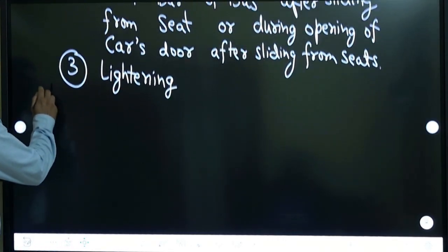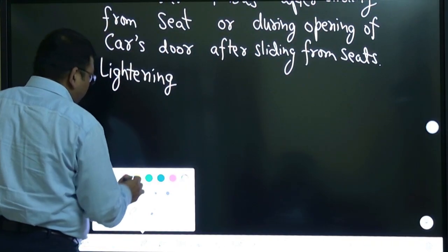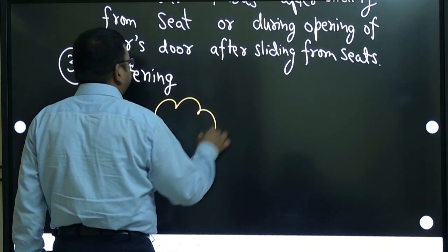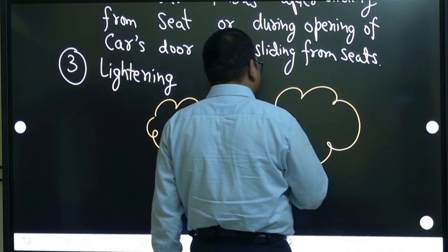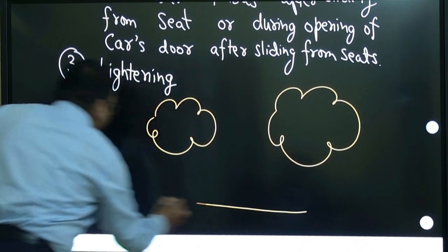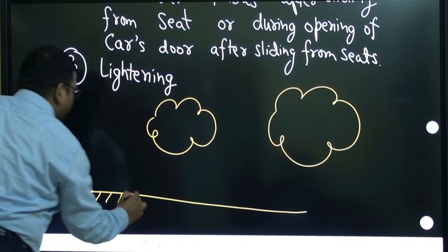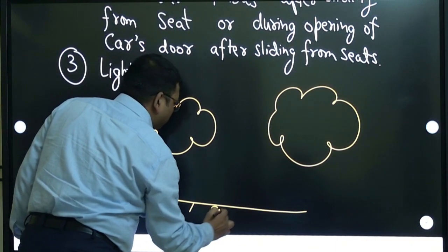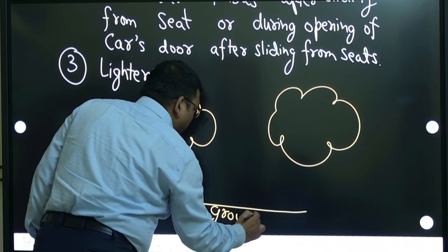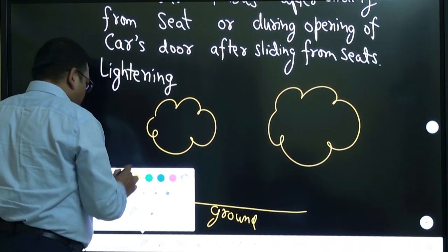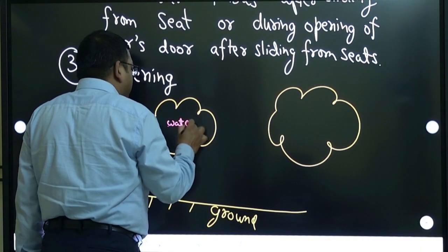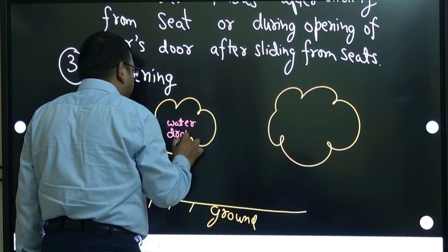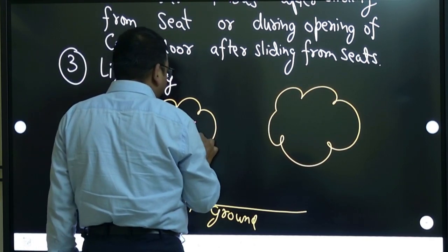So in lightning, what happens is, let us say that this is cloud, and so many clouds can be there, and this is ground. So what happens is that this cloud is nothing but there will be water drop, and also ice will be there.